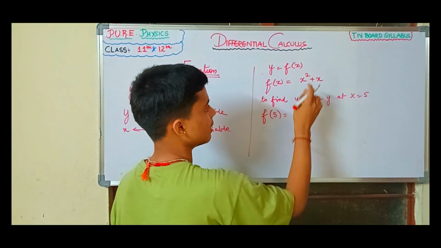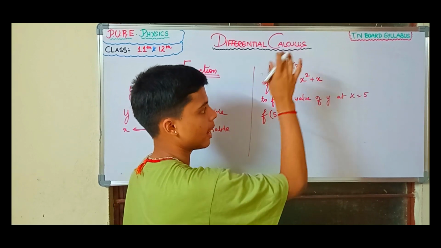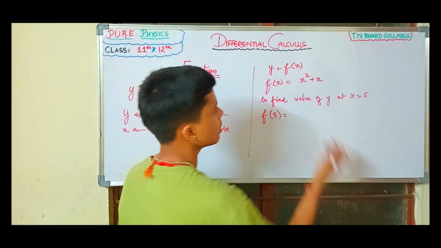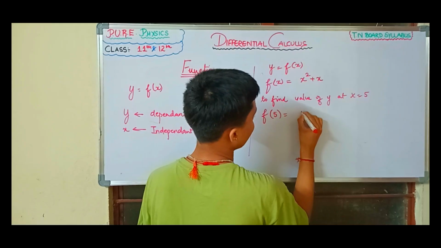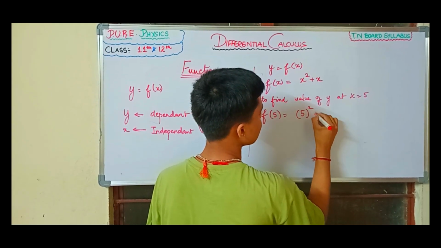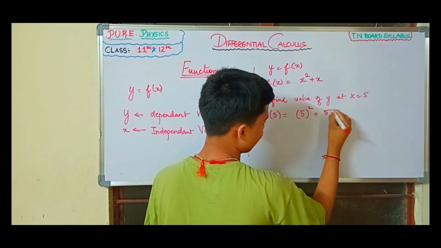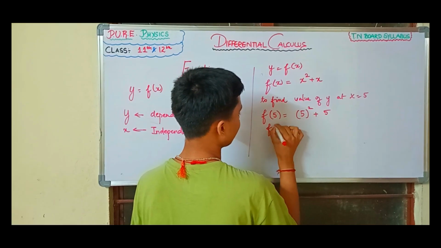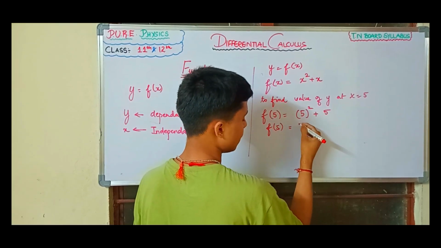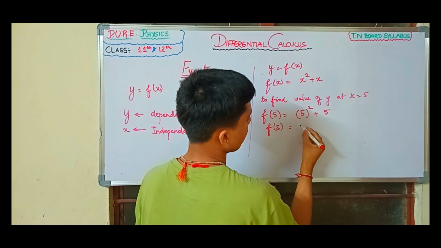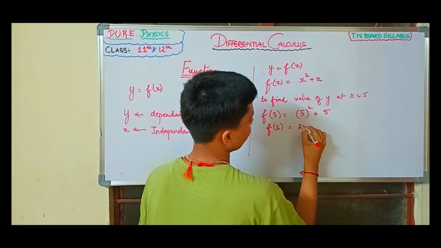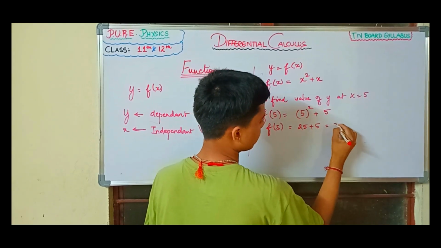Wherever the x is present, I'm going to substitute the value 5. So in the place of x, I'm going to substitute 5 square plus, in the place of x again 5. So my answer of f of 5 will be equal to 25 plus 5, which is equal to 30.